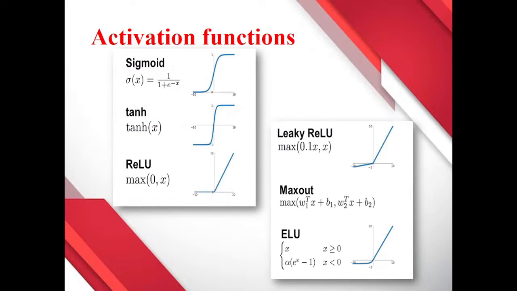In the node, the nucleus part, we have to use some activation function. What is the activation function? The activation function adds non-linearity to your system. There are different types of activation functions: log sigmoid, tan sigmoid, ReLU, leaky ReLU, maxout. There are more than that, 20 or 25 types of activation functions available.